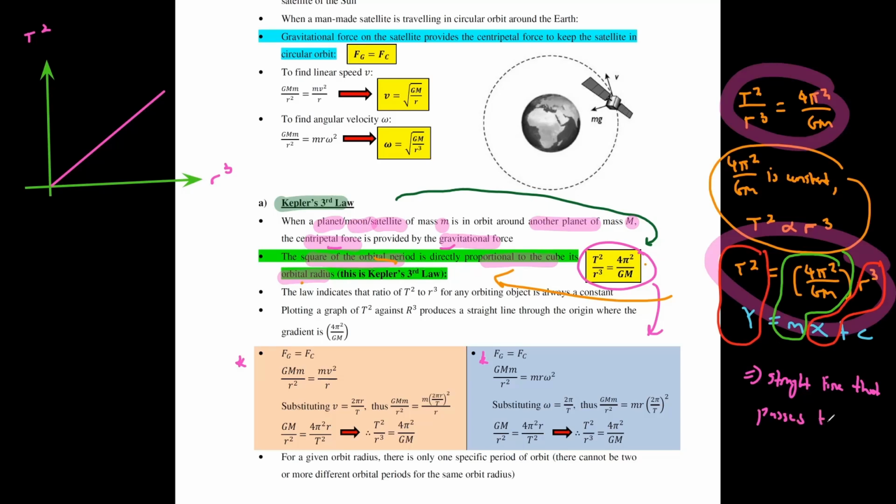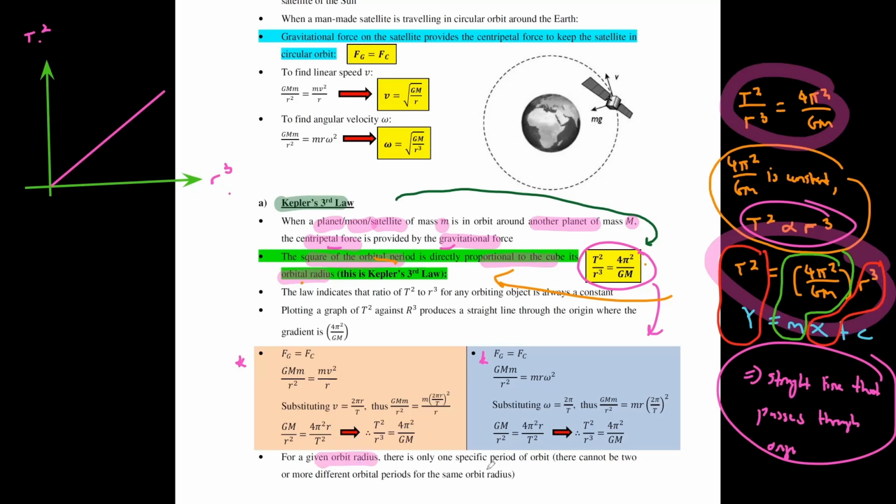So that equation not only tells you that t squared is proportional to r cubed, it also tells you that you can plot a straight line through the origin, provided you plot t squared against r cubed. Now from the graph, it will also tell you one thing.